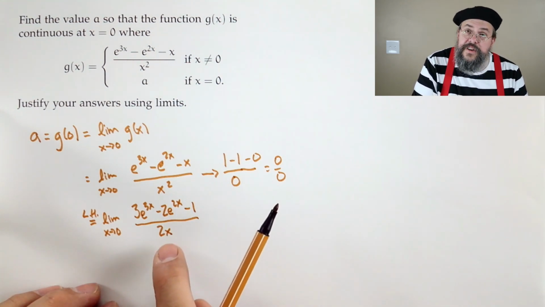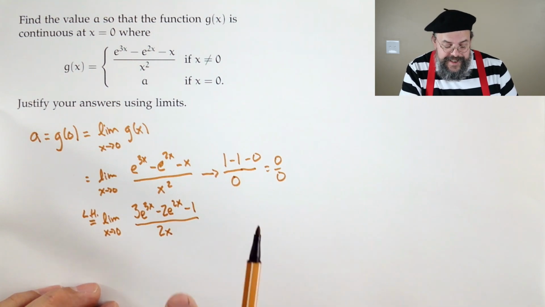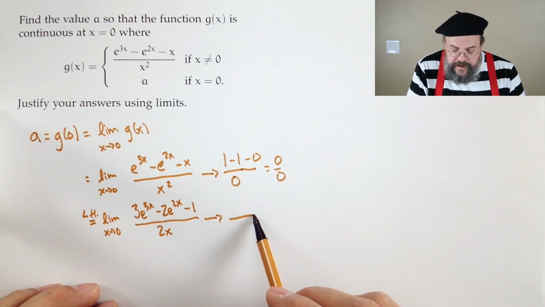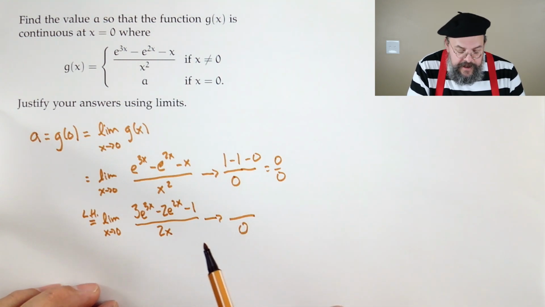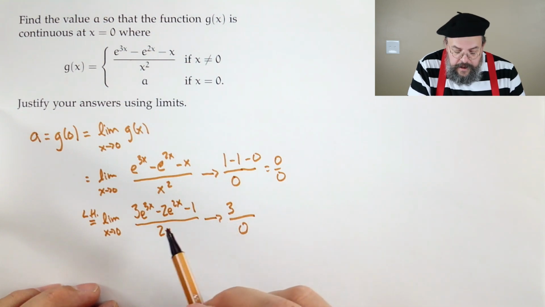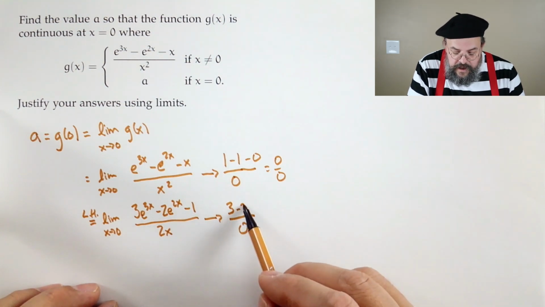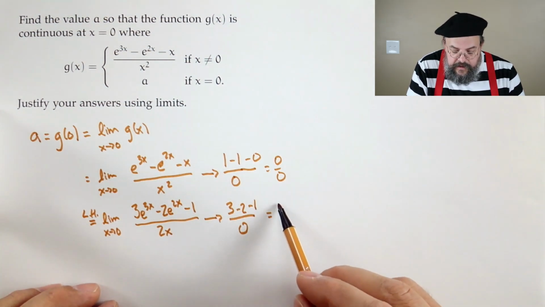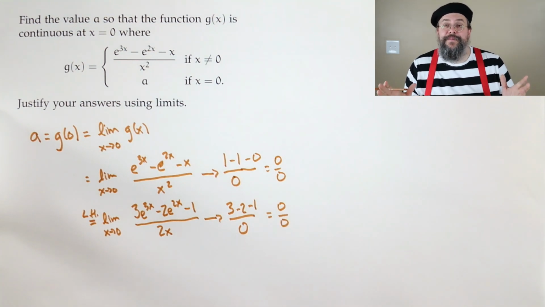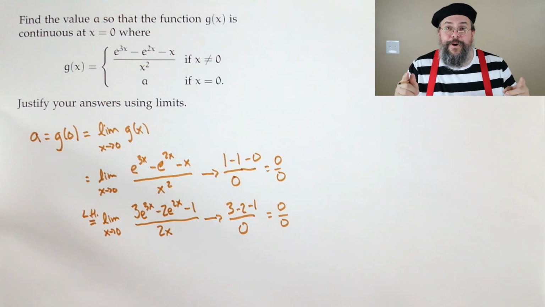Well, I'm suspicious because I know we're plugging in 0. I see 2x, 2 times 0 is 0. So I'm thinking the downstairs is going to 0. How about the upstairs? Well, 3, because e to 0 is 1. So 3 minus 2 minus 1. That's 0. So it says 0 over 0 yet again. Well, what does that mean? It means more work.